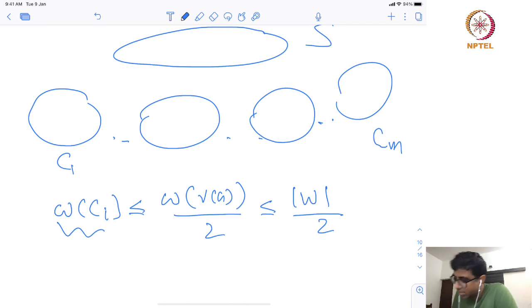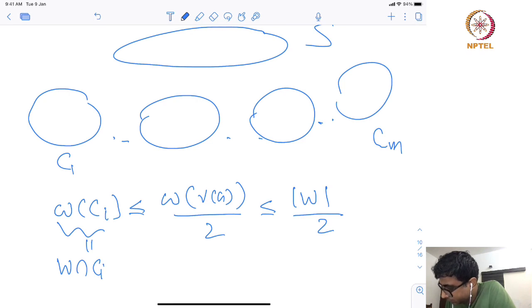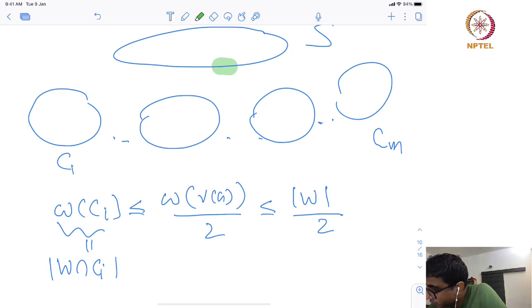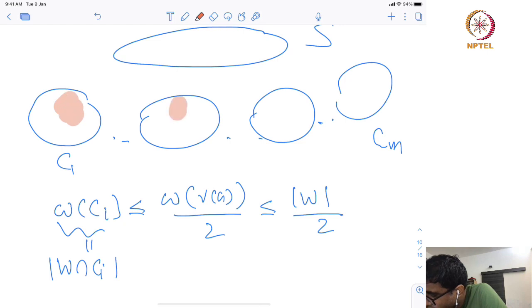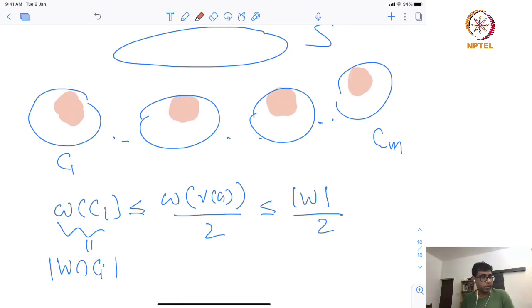And what is the weight of Ci? This is nothing but W intersection Ci.